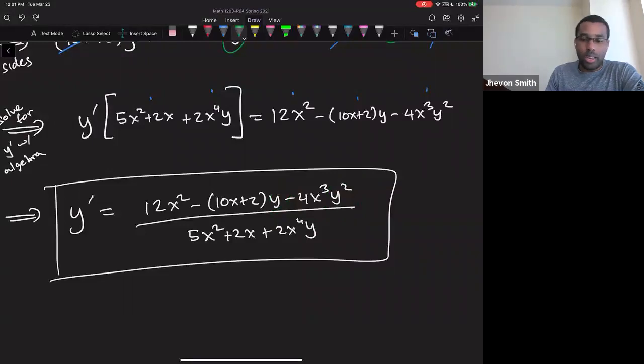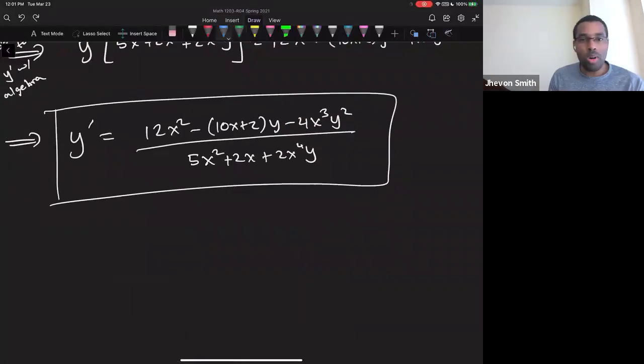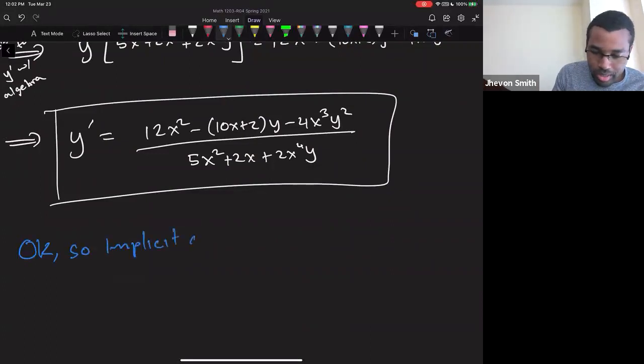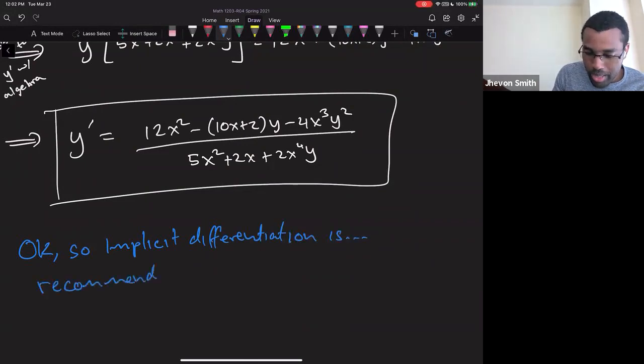So at this point, you might be wondering, okay, so implicit differentiation is recommended but not necessary because it makes our life easier.